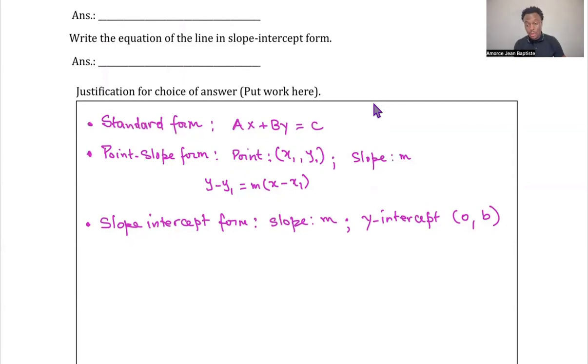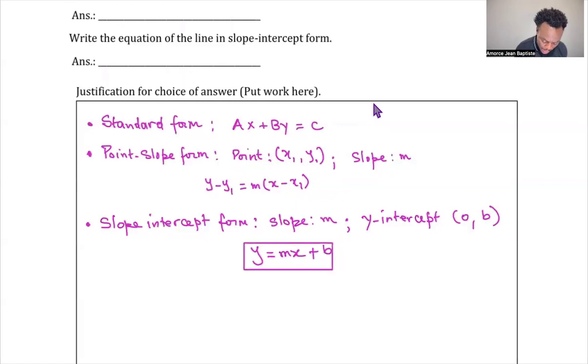So the x is always going to be 0 because this point is located on the y-axis at y equals b. So then your equation will be y equals mx plus b, where m is the slope and b is the y component of the y-intercept of the line. So these are the 3 different formats the line can be represented in.